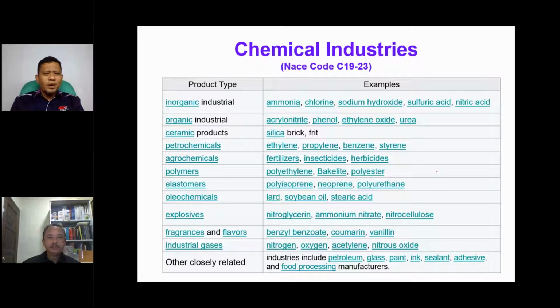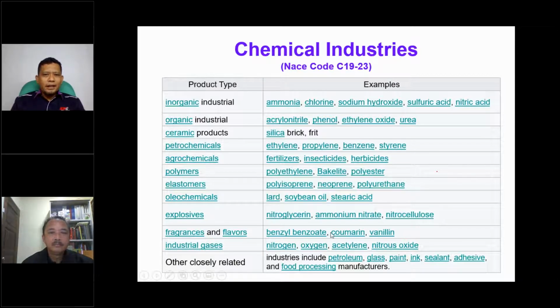So this is the common chemical industry that's listed under the European NACE code, under code C19. Basically, C19 is about petroleum, that's why it puts other closely related. C20 is the chemical industry.